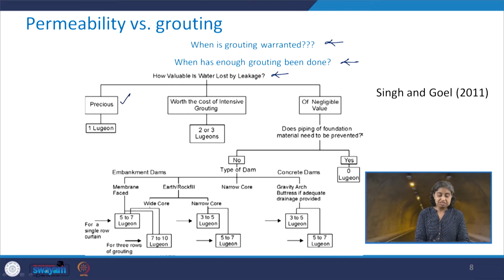If it is precious, then it is 1 Lugeon, worth the cost of intensive grouting, then it is 2 to 3 Lugeons, and if of negligible value, then again the question comes whether piping of the foundation material needs to be prevented or not. If yes, then it is 0 Lugeon, and if no, then again we have to see what type of dam one has to construct, whether it is an embankment dam or a concrete dam, and likewise the tree goes on up to this particular point.